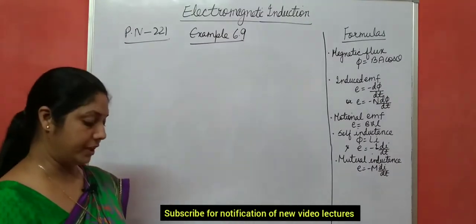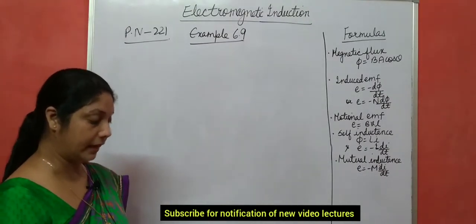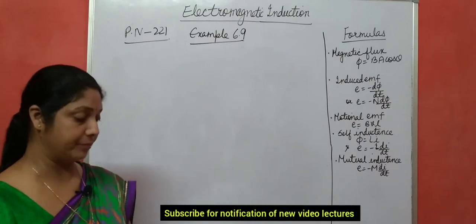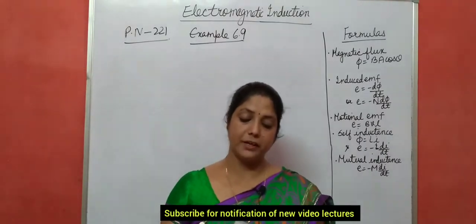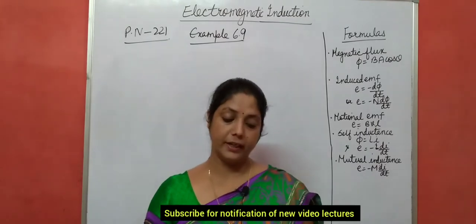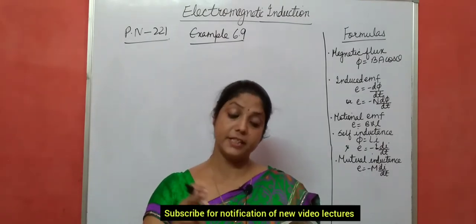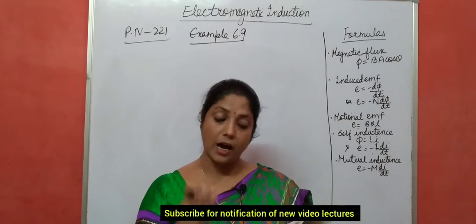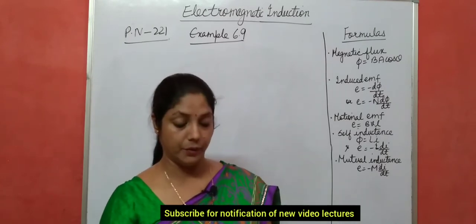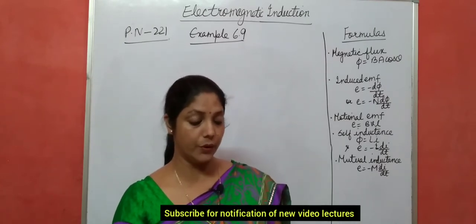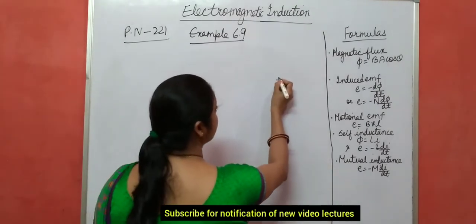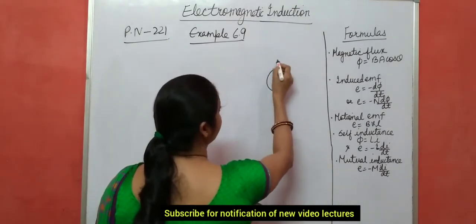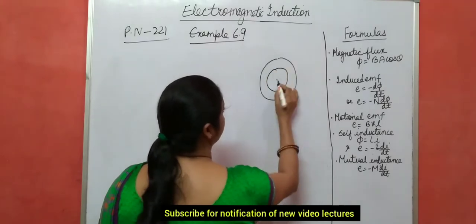Now question number 6.9, page number 221. Question is, two concentric circular coils, one of smaller radius R1 and the other of larger radius R2, such that R1 is less than R2, and both are placed coaxially with centers coinciding. There are two coils, one is the inner coil and another one is the outer coil, right?